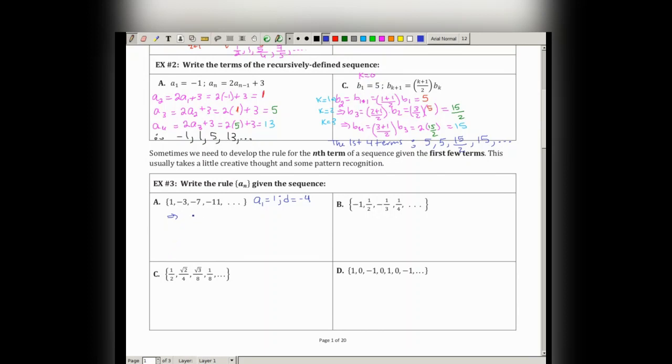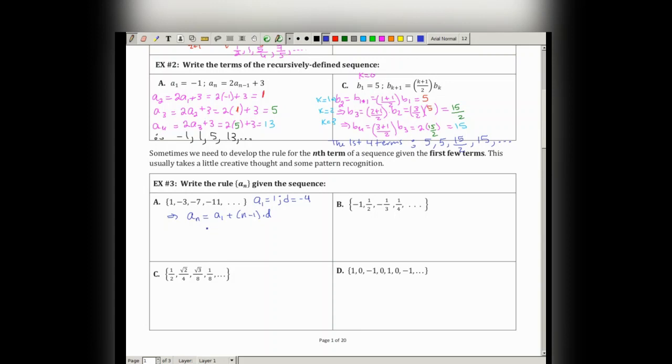And the general rule is basically your next, or a sub n, is equal to the very first term plus n minus 1 times the common difference. So this is a general formula for figuring out the nth term. So in this case, what do we have?